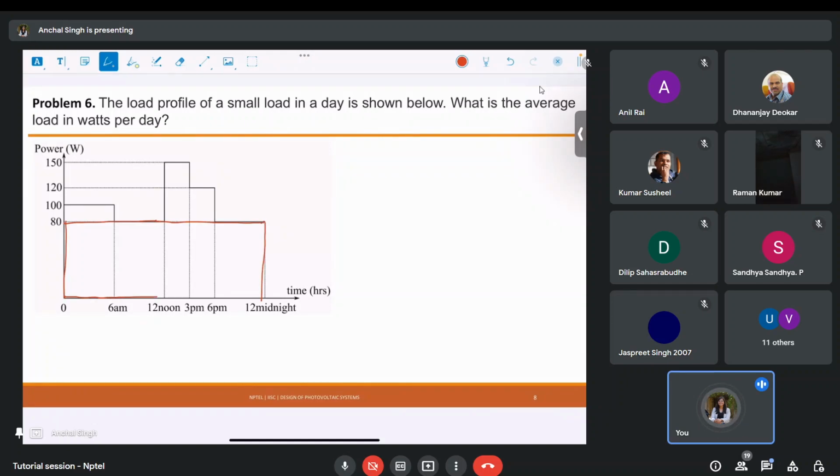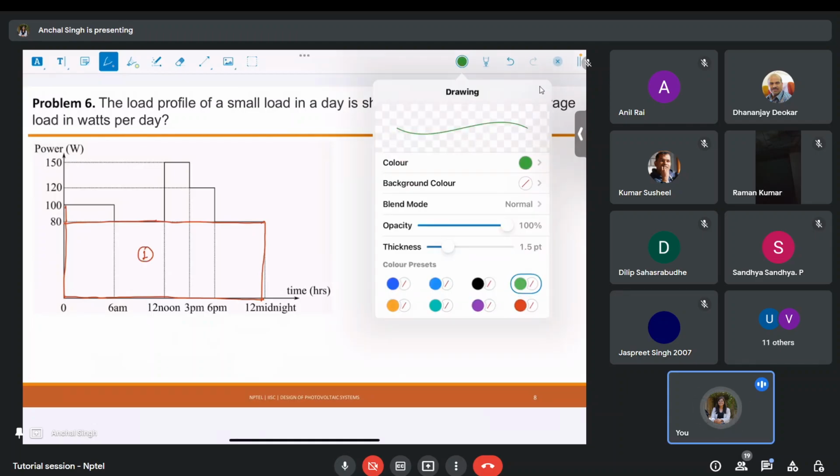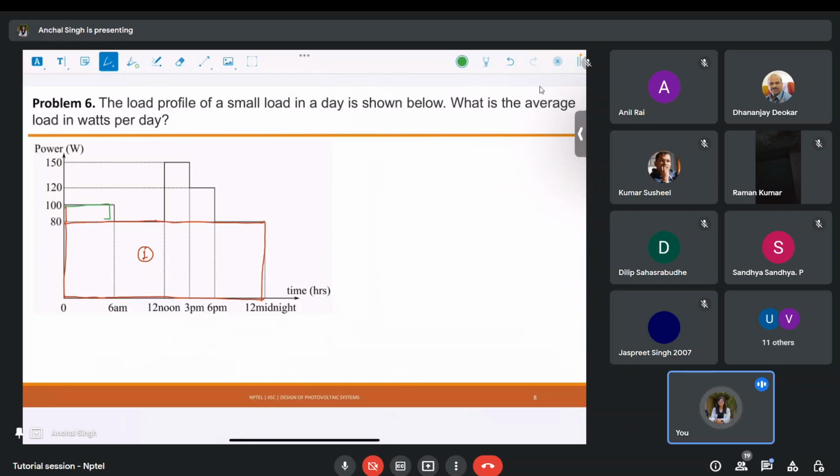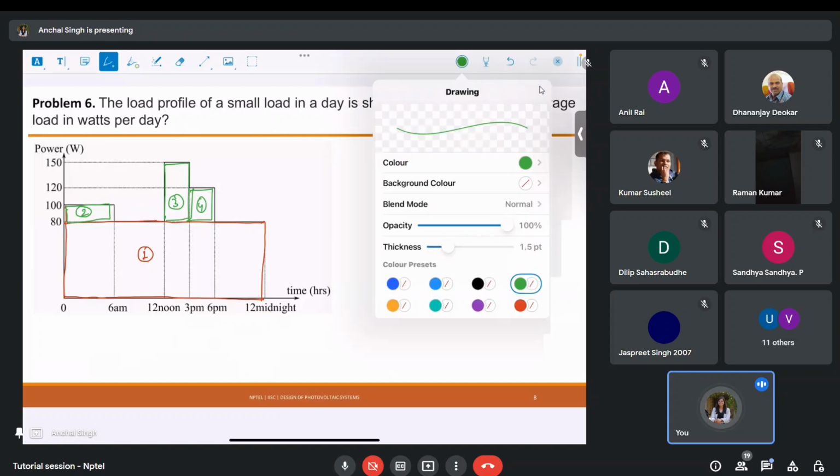Let me break it into one continuous load of 80 watts throughout the day. This is my load number 1. Then the rest of my loads: this is my load number 2, this is my load number 3, and this is my load number 4. So I have broken it into 4 parts in order to calculate the average.